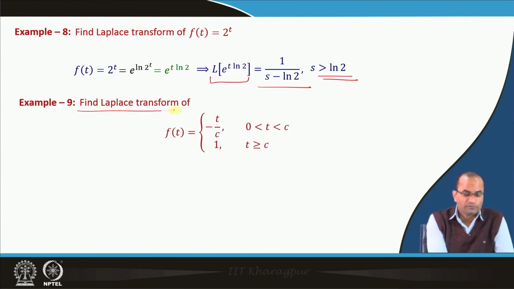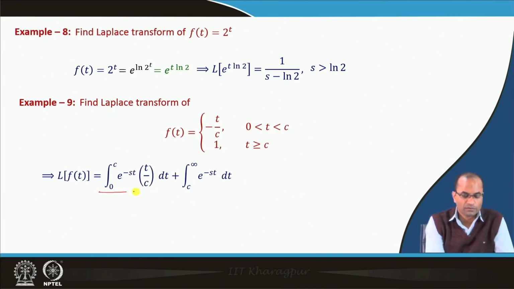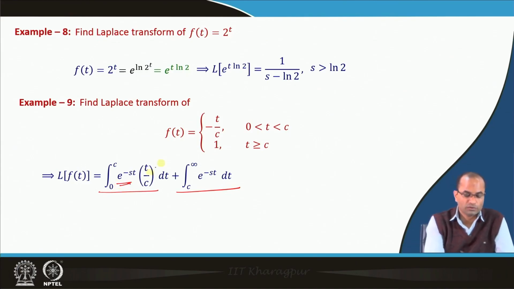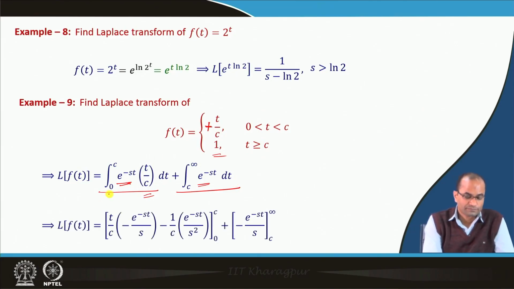The last example, where we will find the Laplace transform of such a function, which is defined from 0 to c as t over c, and for t greater than c, it is defined as 1. So, this is also not a complicated function. We can now apply the definition of the Laplace transform, that e power minus s t and then t over c is there, and for the second case we have this e power minus s t times 1. Now we can integrate by parts, keeping t over c as it is.